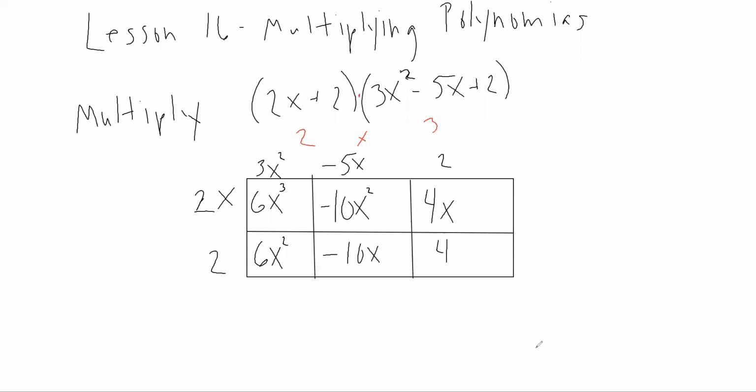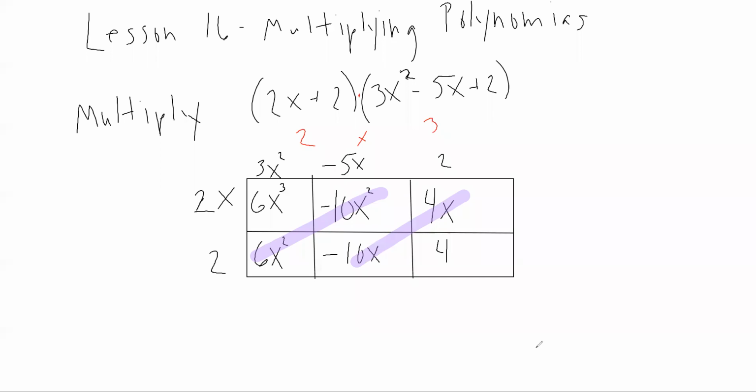So now I've done all the multiplication, but what I have to do is find my like terms, because I'm going to put my like terms together. Here I have like terms. And here I have like terms, okay?